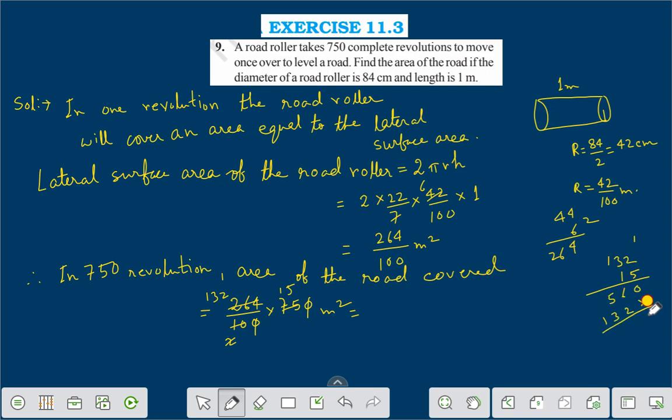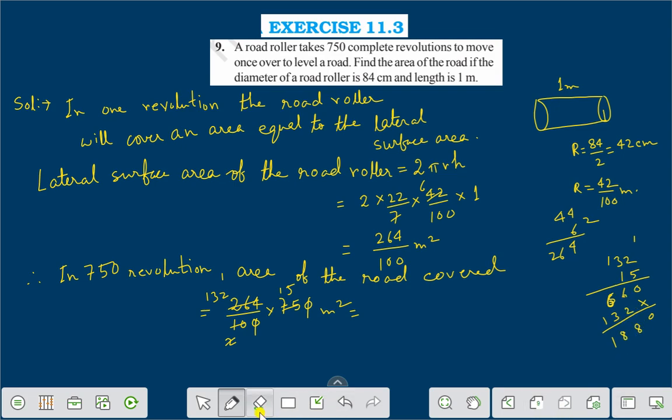So we are getting 0, then 6 plus 2 is 8, 6 plus 3 is 9, this is 9.